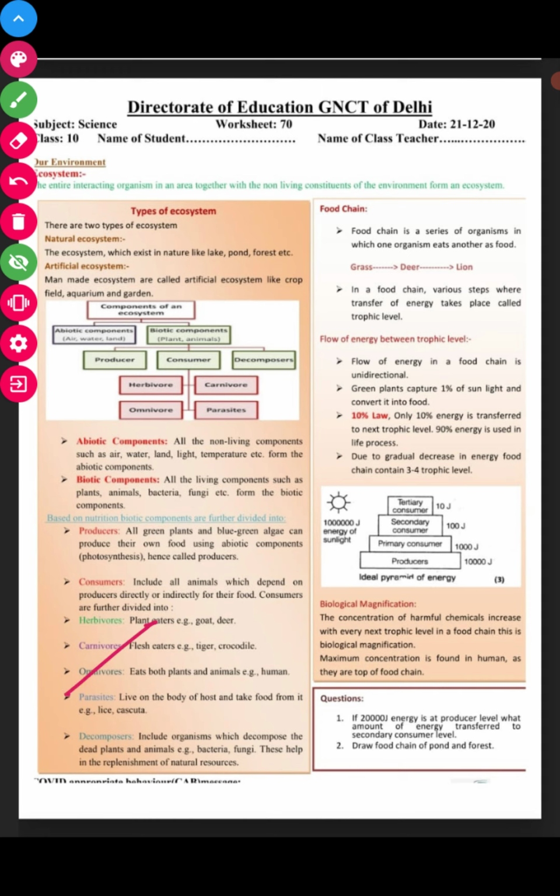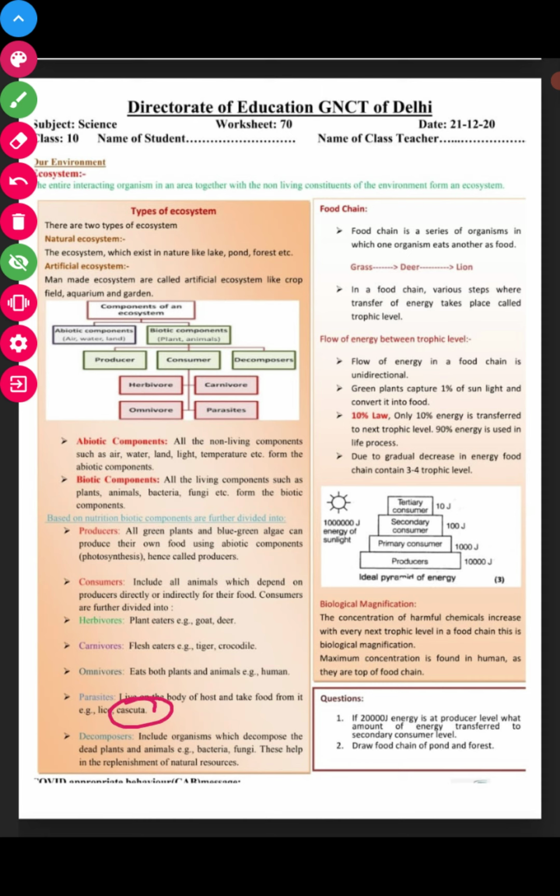Parasites live on the body of the host and take the food from it, like cuscuta in the case of plants and lice in the case of human beings. Lice is an example of animals, whereas cuscuta is an example of a plant which lives on another body, called the host body, to take its food.